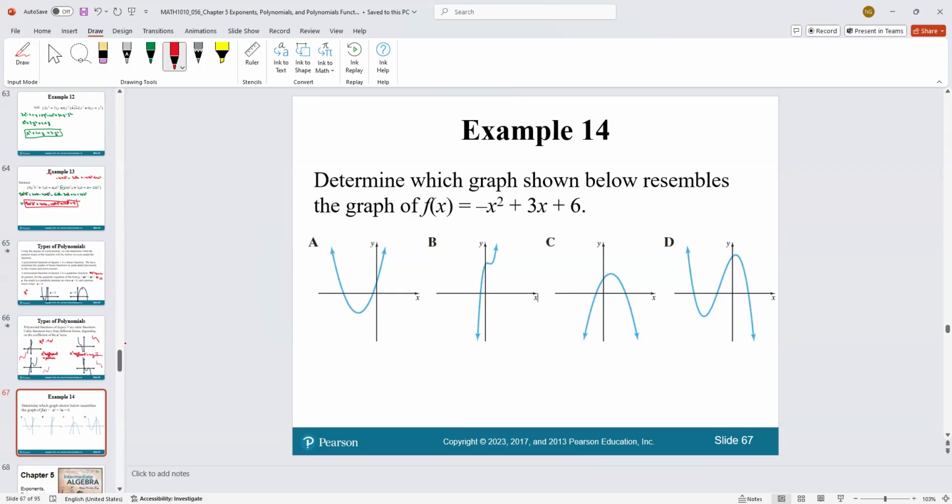Now, if you cancel B and D, your answer can be either A or C, because it's power 2, it's only a U, open up or open down. It opens up if the coefficient of x squared is positive, open down if it is negative. If you look here, C is the correct answer because it opens down, as x squared has a negative coefficient.